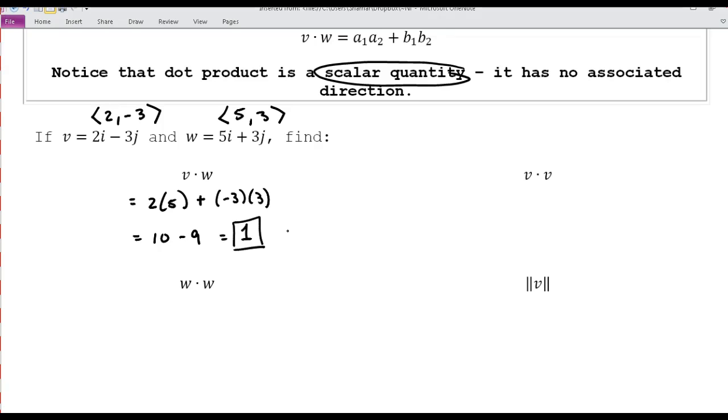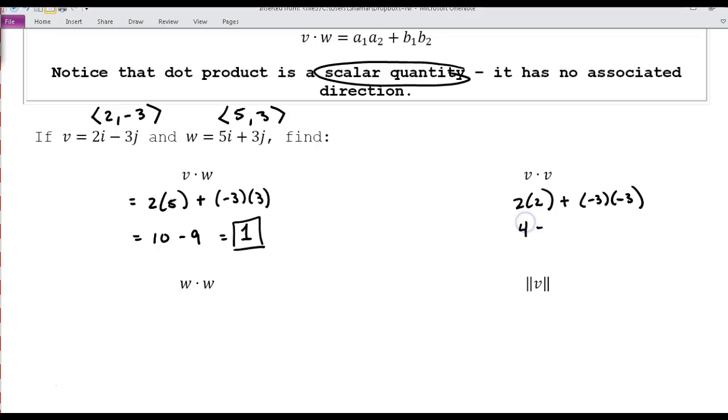All right, again, anytime you feel like you got the hang of this and you want to pause the video, and then you can restart it to check your answers, feel free to do that. So now we're going to do v dot v. We're going to do the vector dot product with itself. So now we're going to have 2 times 2, because that's the x component of v times the x component of v, and -3 times -3, that's the y component of v multiplied by itself, and then we'll just simply add those up.